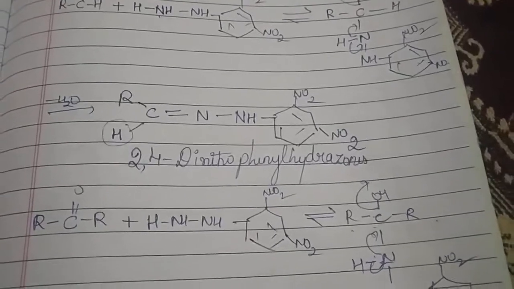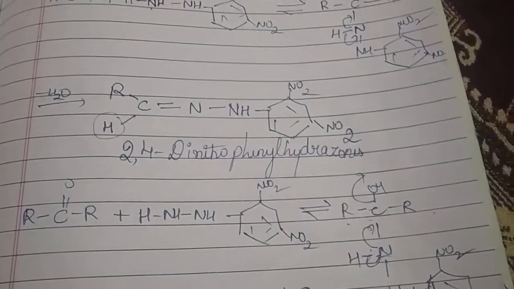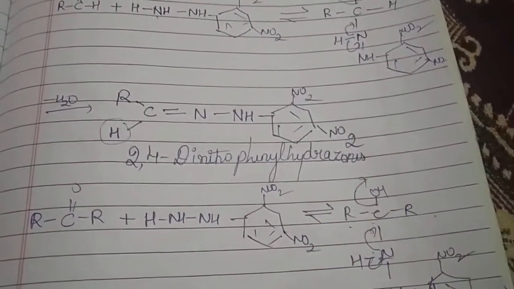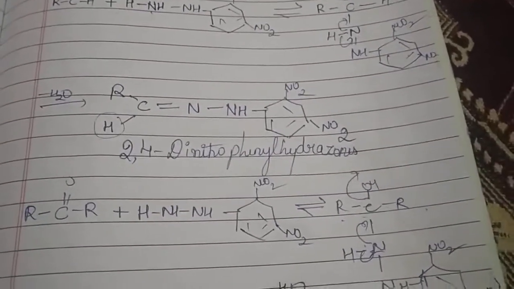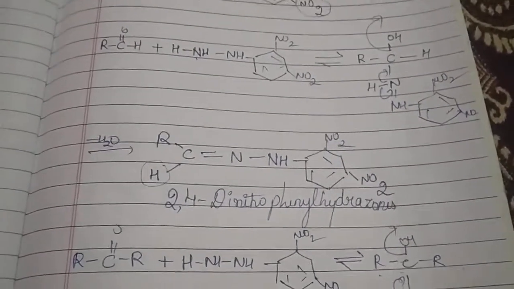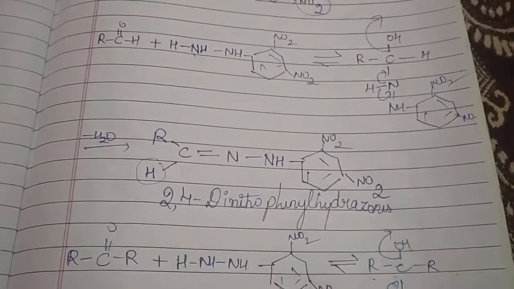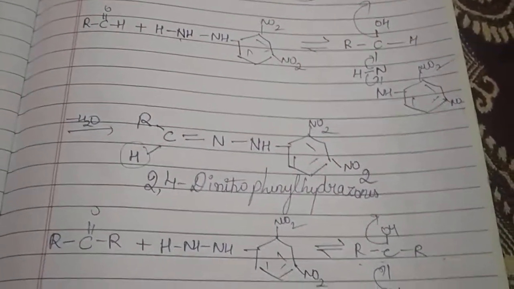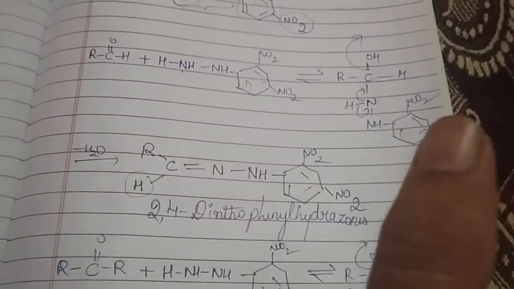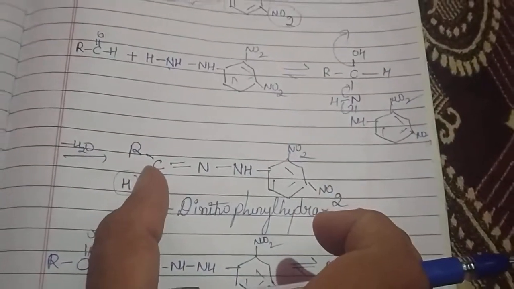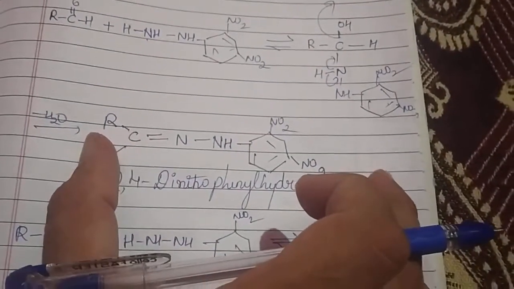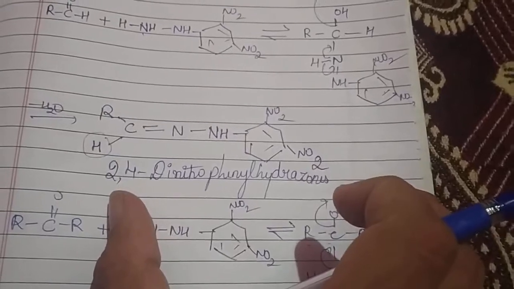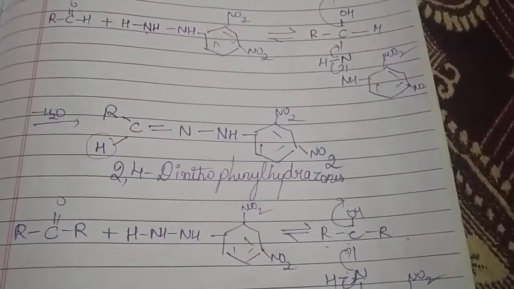I repeat, whenever your carbonyl compounds are treated with 2,4 DNP, that is dinitrophenyl hydrazine, they will give you these 2,4 dinitrophenyl hydrazones, whether ketones or aldehydes. When this product is formed, that is your hydrazones, they will have a specific color of bright orange crystalline.